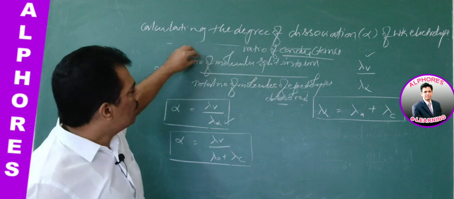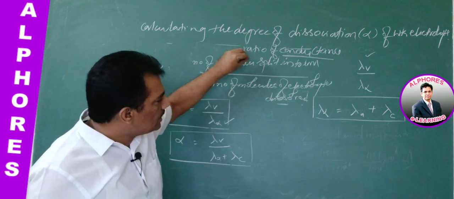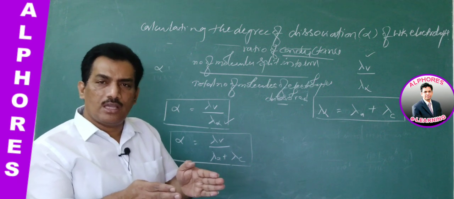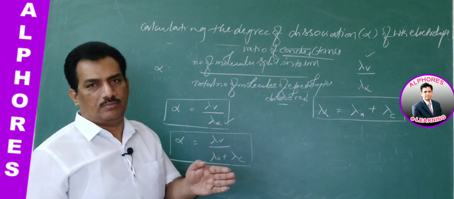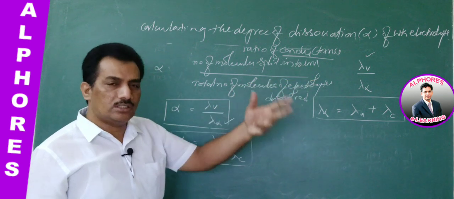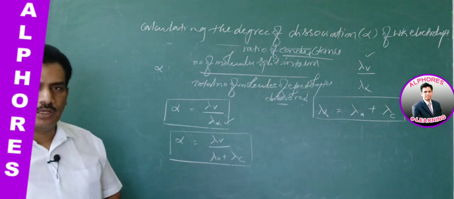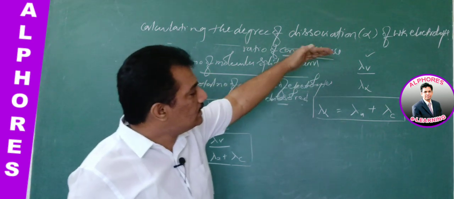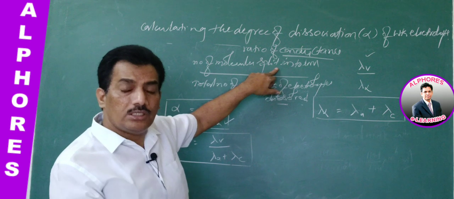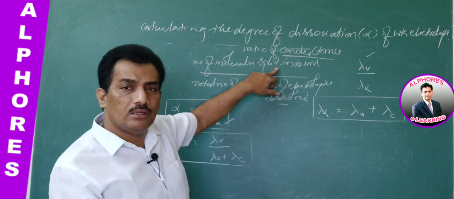And now when the splitting happens only to some extent, only to some extent will ions form at a given dilution. It is not infinite dilution, just remember, at a given dilution that is represented with lambda V. So here the conductance is related to the number of ions formed, which is related to the number of molecules split.